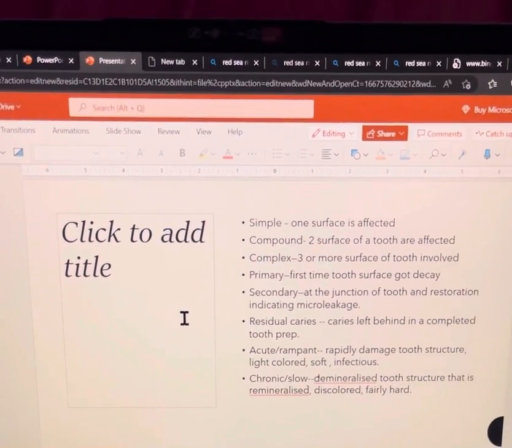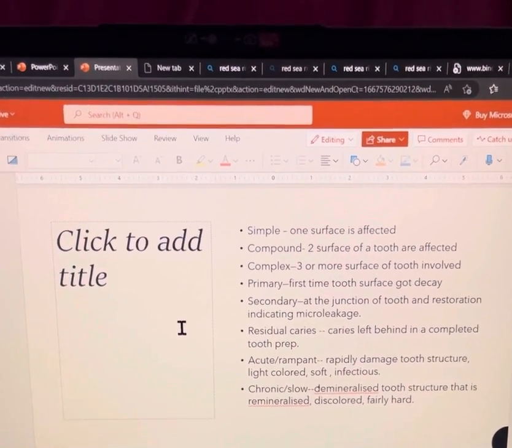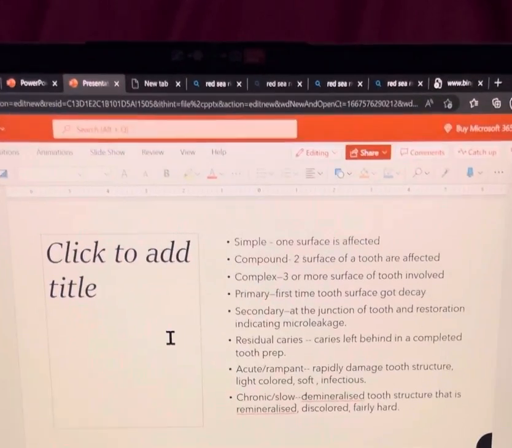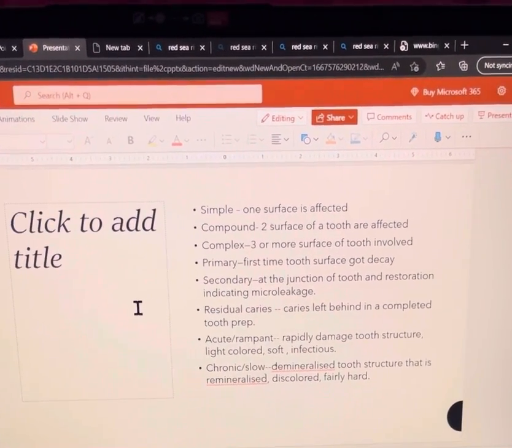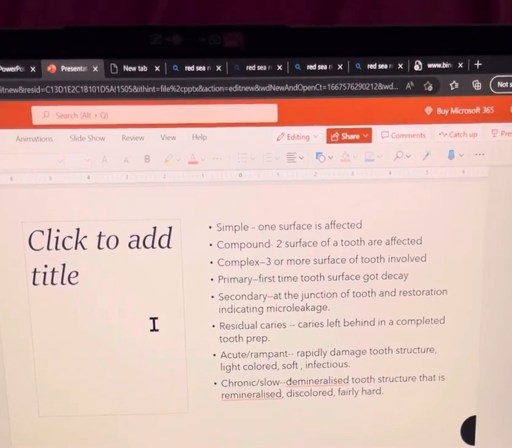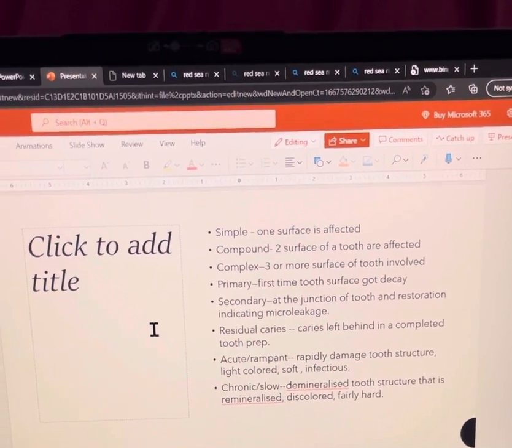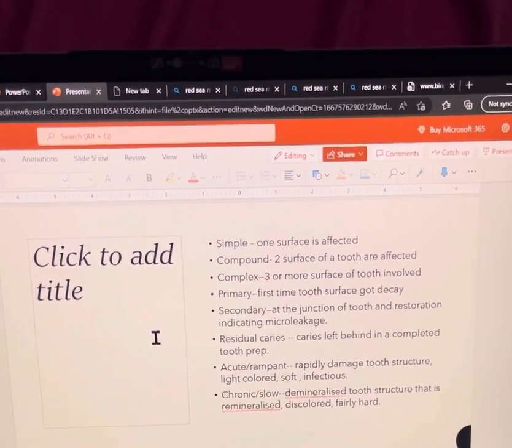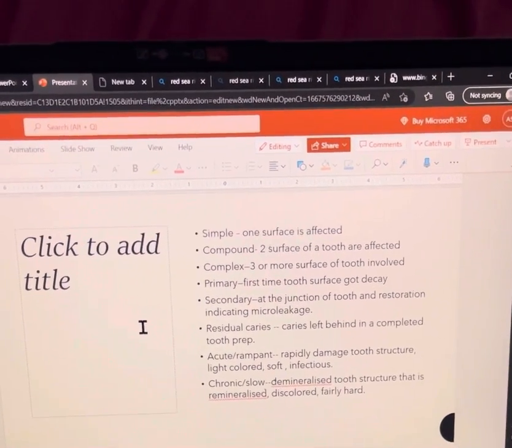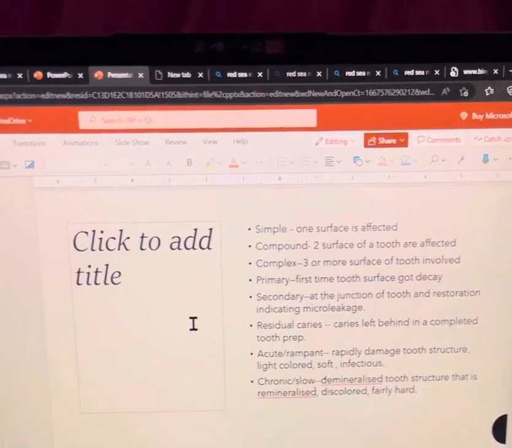It will be different from acute or rampant caries: it is hard and discolored, while acute or rampant is soft and light colored.